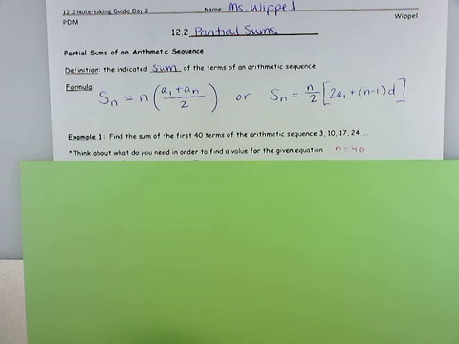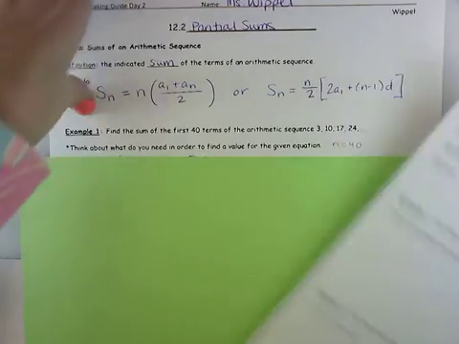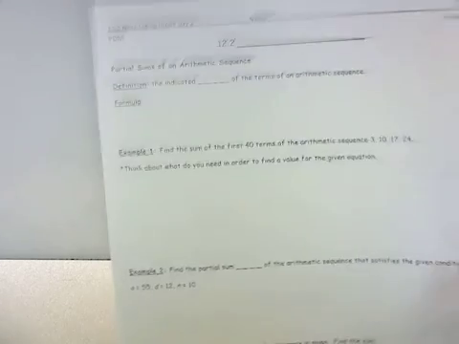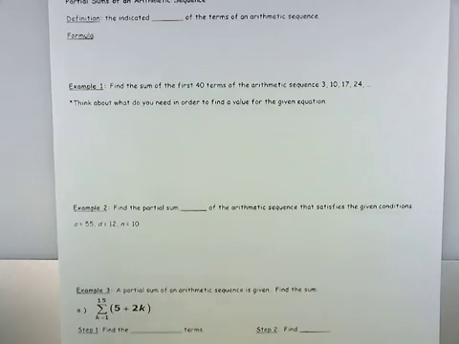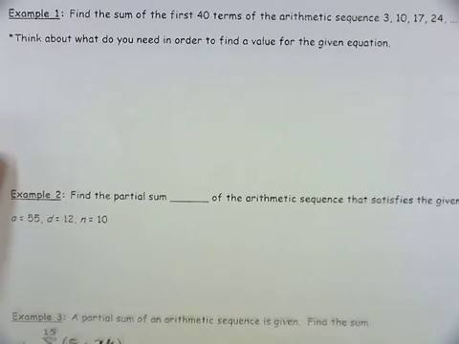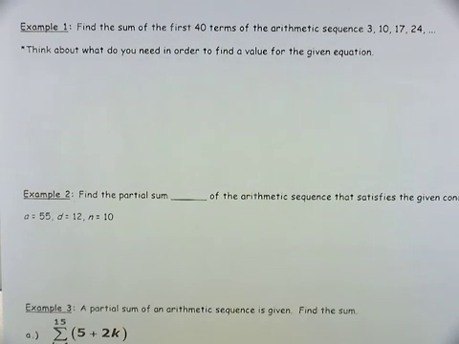So for example 1, we're going to find the sum of the first 40 terms of the arithmetic sequence 3, 10, 17, 24. And then I asked you to think about what you need in order to find a value for the given equation. If you need to use your equation S sub n, you're going to have to know what your n value is.